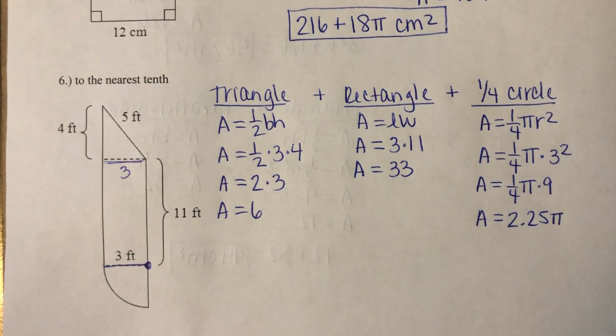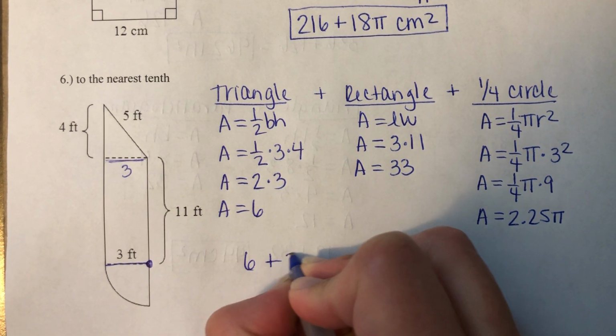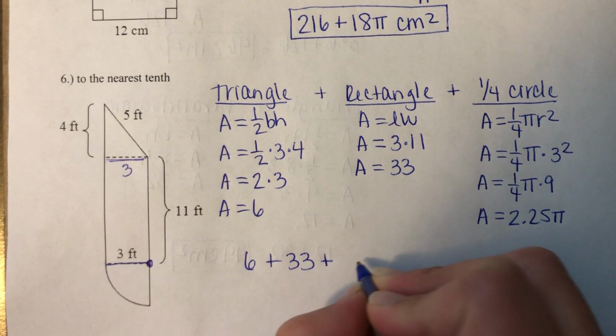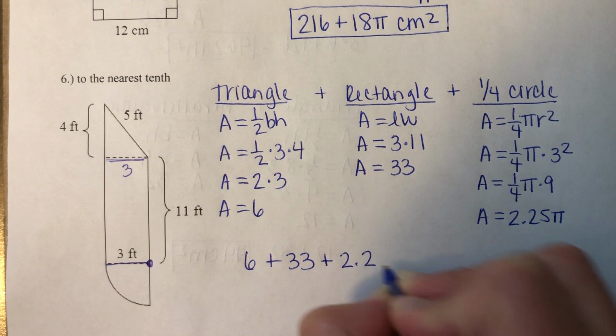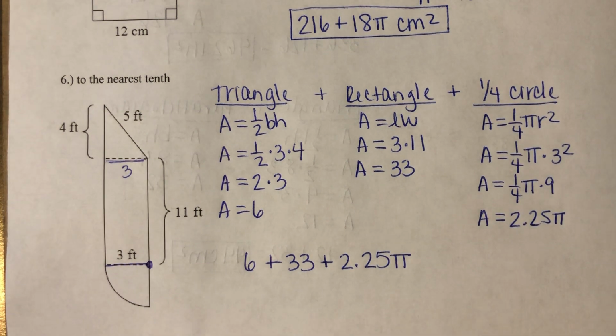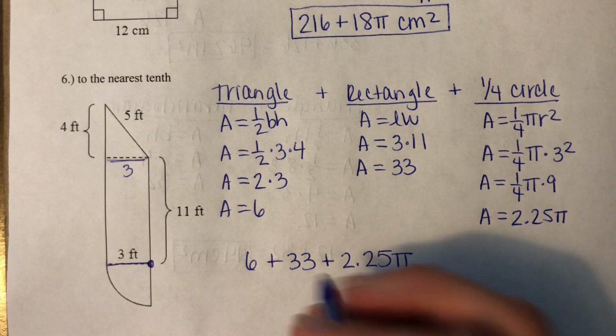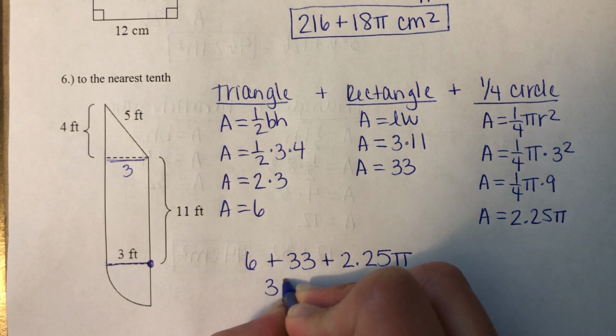All right, we're going to add all these together. 6 plus 33 plus 2.25 pi. I'm going to combine the like terms. Only these two are alike because they don't have pi's on them. 6 plus 33 is 39.